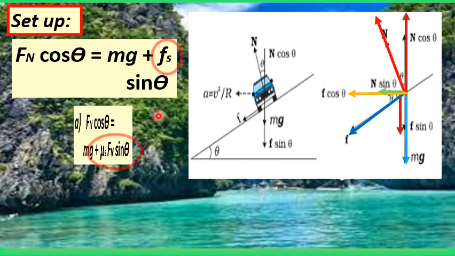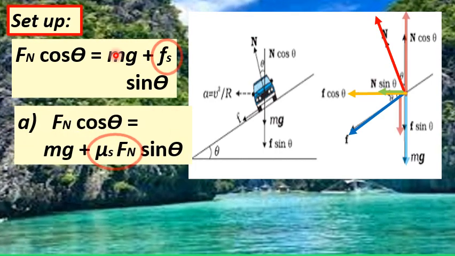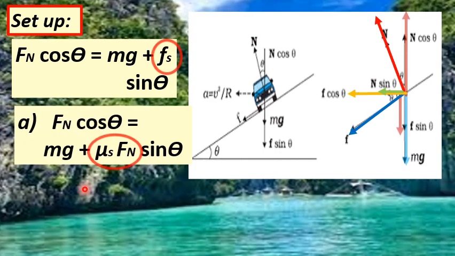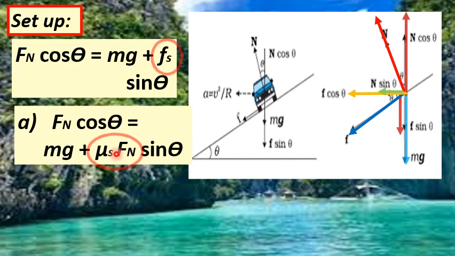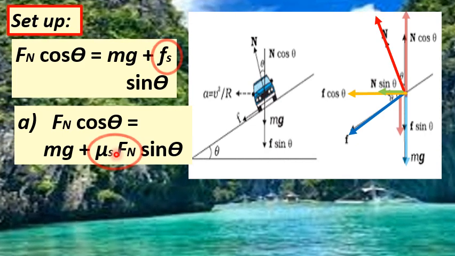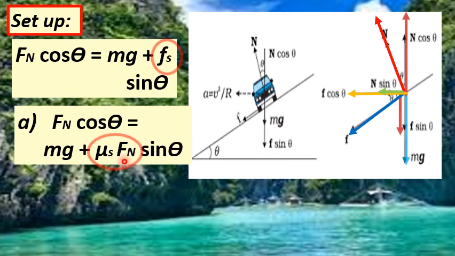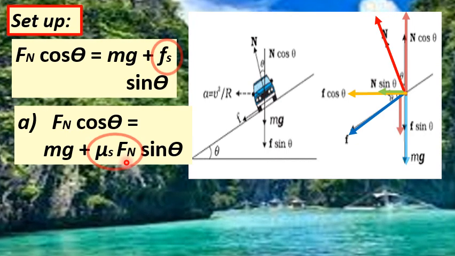Where Fs in this equation is the static friction equal to the product of the coefficient mu s and the normal force F sub n.